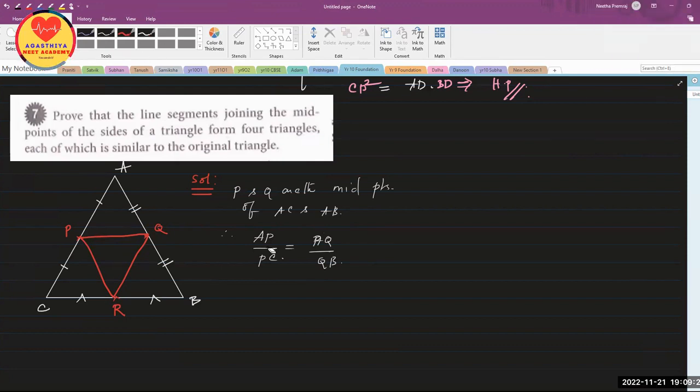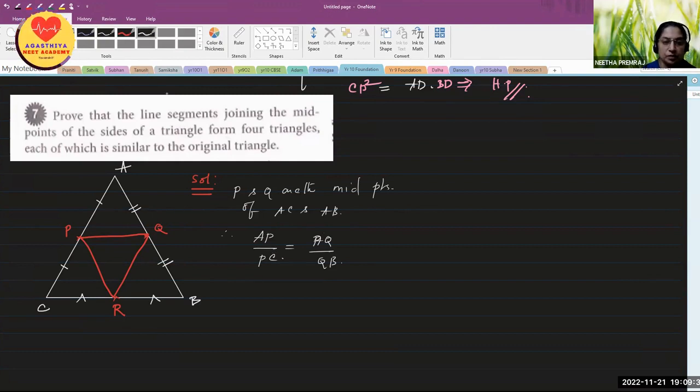So therefore, you can say PQ is parallel to CB, isn't it? These two lines are parallel.